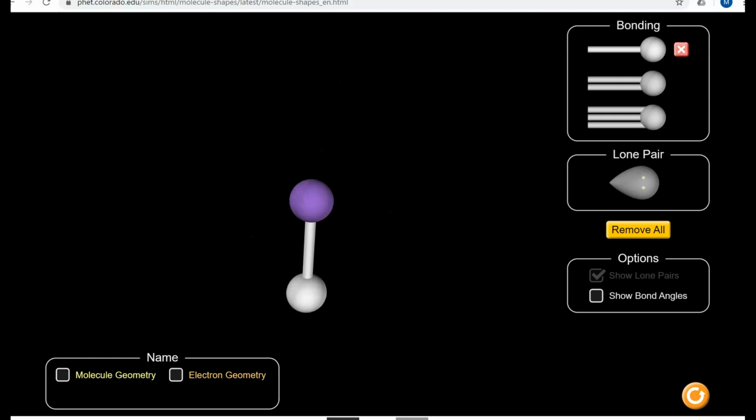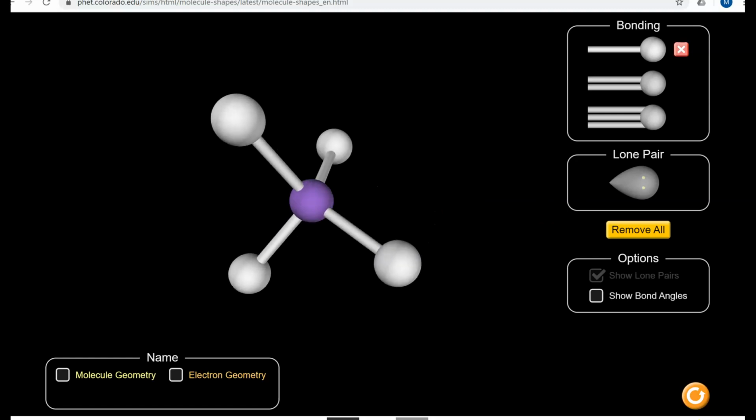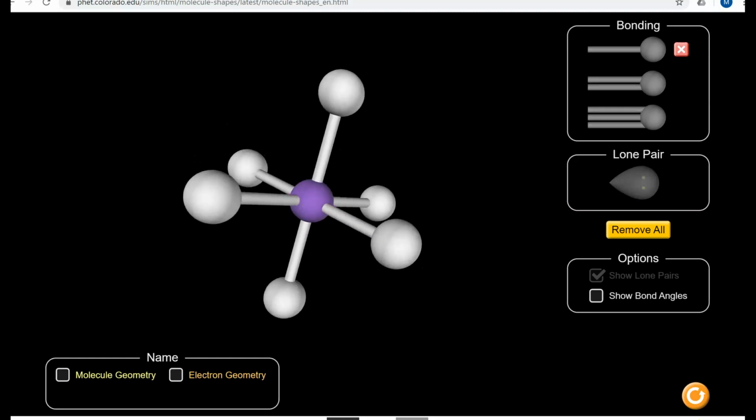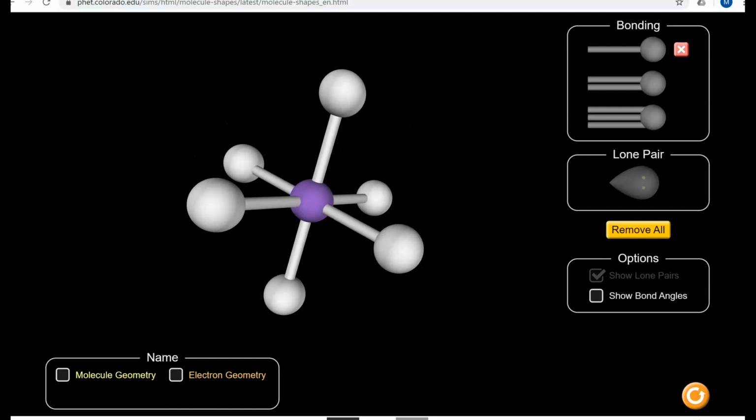I put 6. Whoops. All right. There are 6 regions. You've got 4 around the center and 2 axial positions.